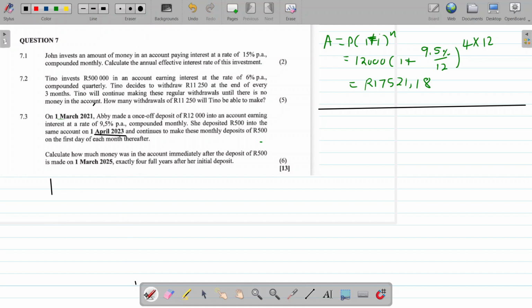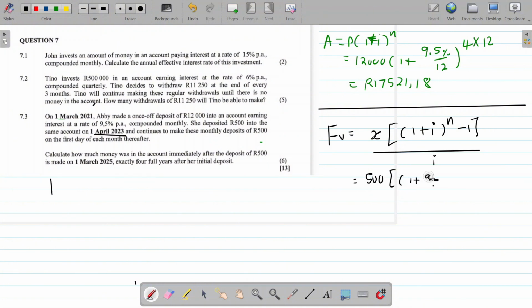So we're going to say, okay, cool. Because it's a future value annuity, because we're making payments into an investment, it's 1 plus i to the power of n, minus 1, over i. Then we're making 500 payments, 9.5% interest compounded monthly, for 2 years, minus 1. Then divide all of that by 9.5% over 12.